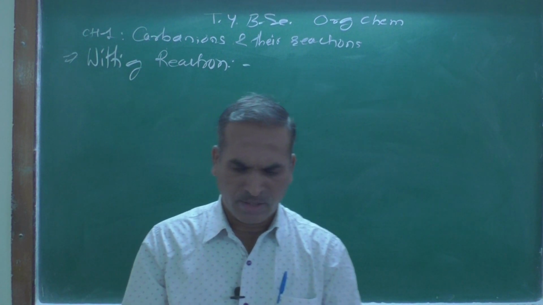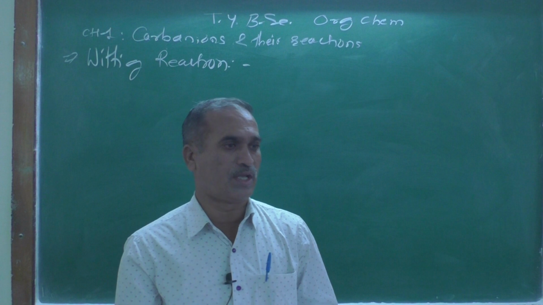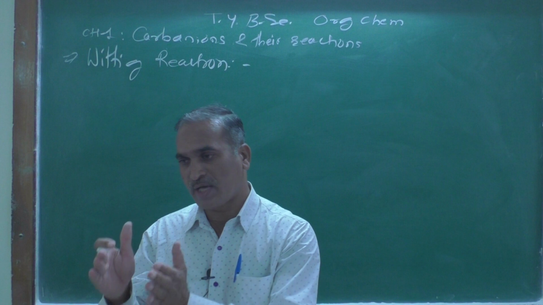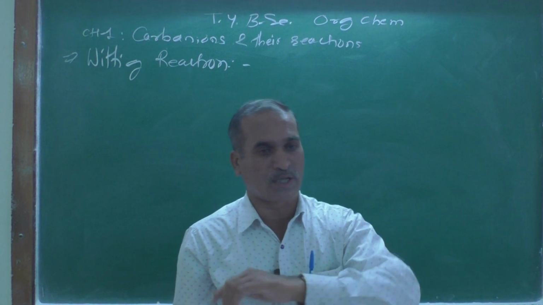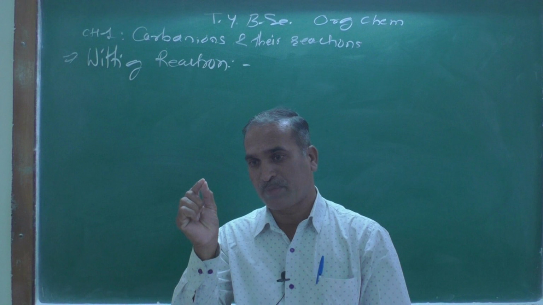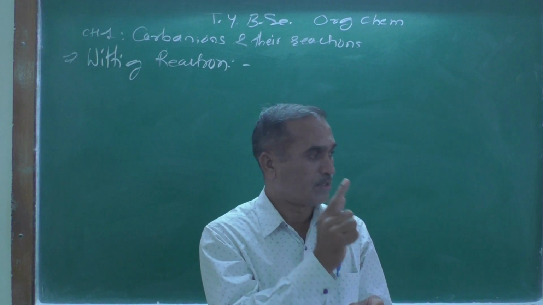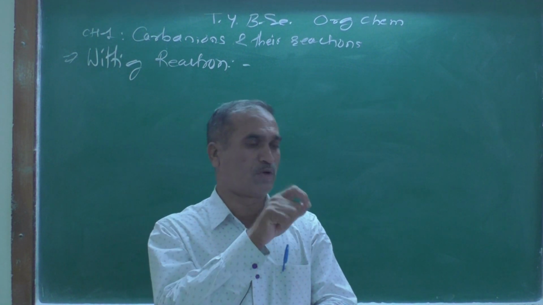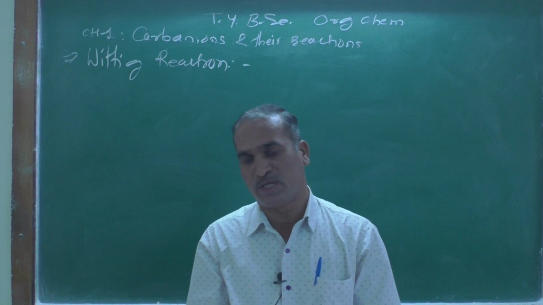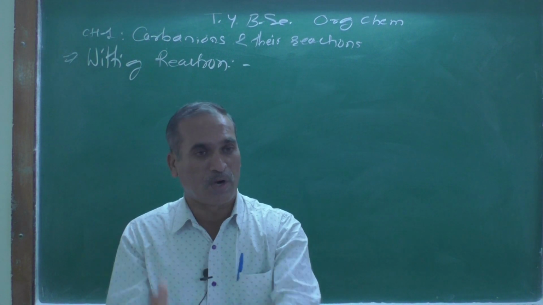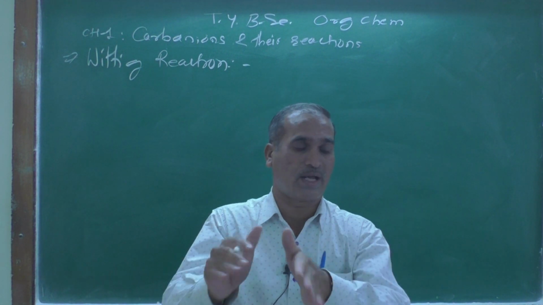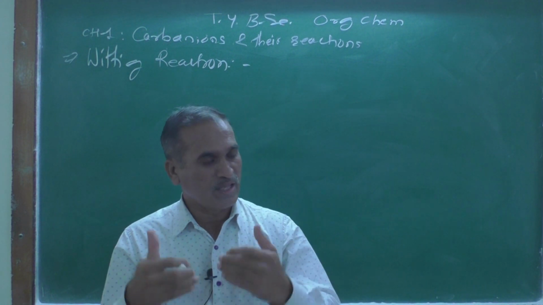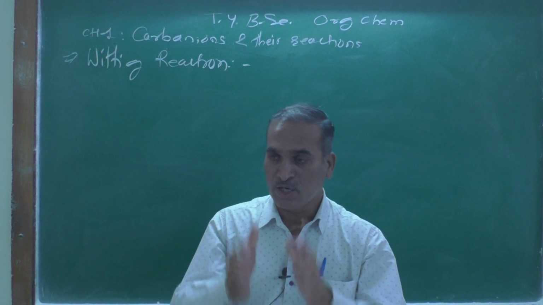In 1954, George Wittig prepared the reagent, and that reagent, treated with a carbonyl compound, gives a regioselective reaction in which the carbonyl compound gets converted into a carbon-carbon double bond. That is why he was awarded the Nobel Prize for his work in this field, and that is why it is known as the Wittig reagent.